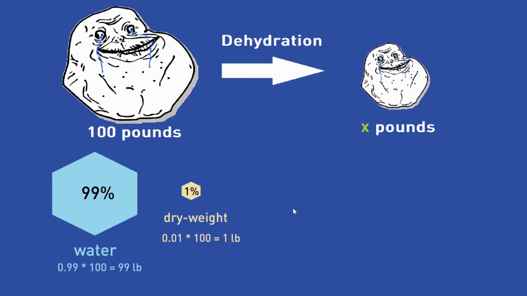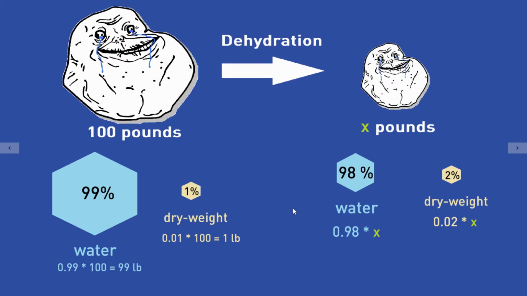After the dehydration process, 98% of the new weight x, which you can also see here, consists of water, and 2% of the new weight x consists of dry weight.